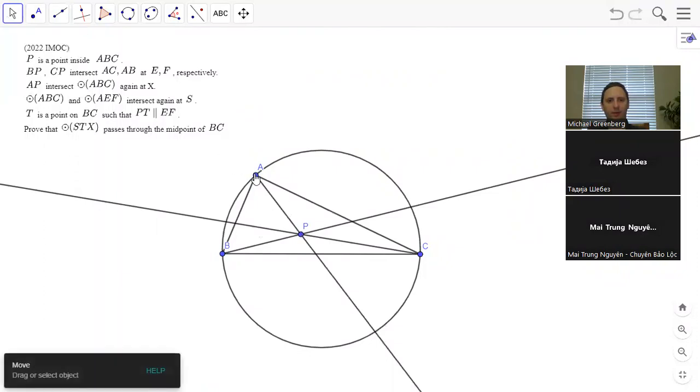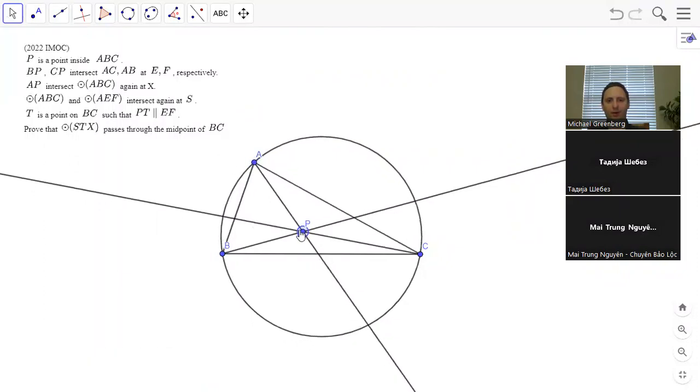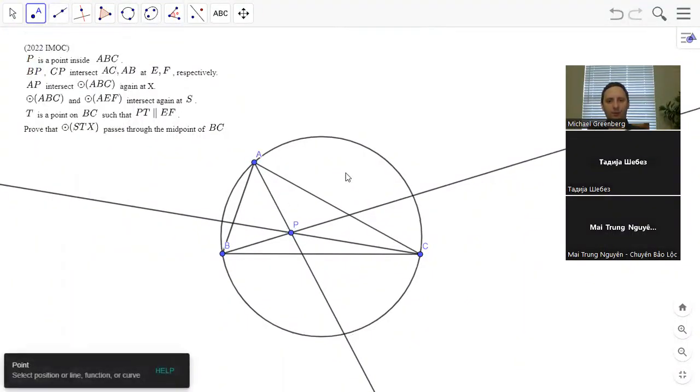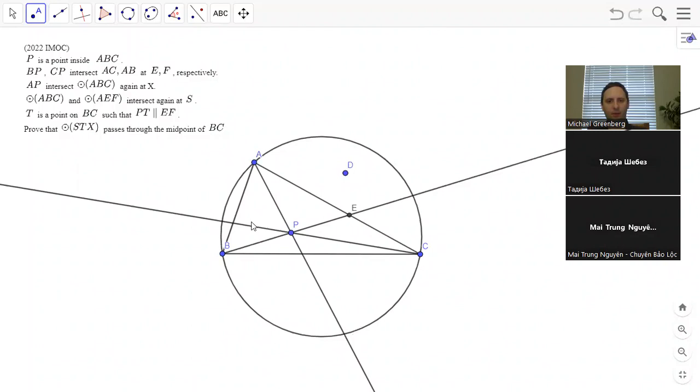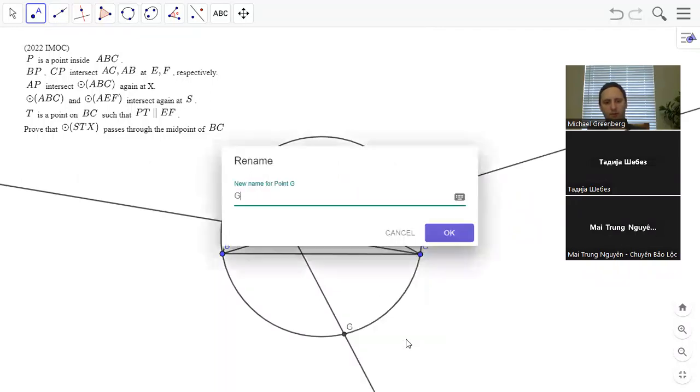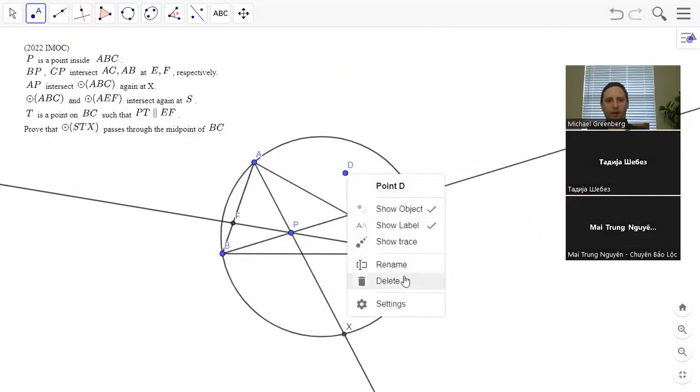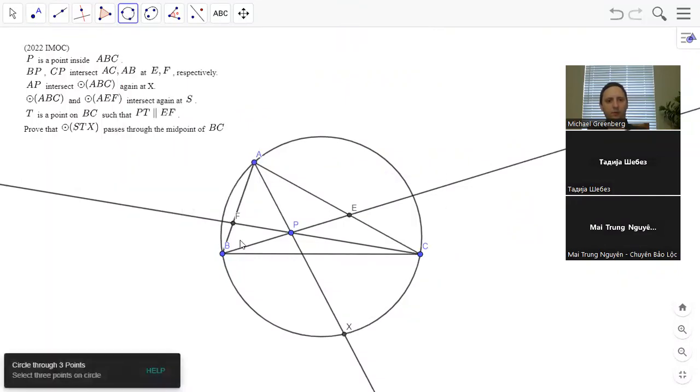I feel like we've done a couple problems like this where you see where two of them meet the sides and the other one meets the circle. So this is going to be E and F, and this is going to be X. And then we see where ABC and AEF meet the circle.